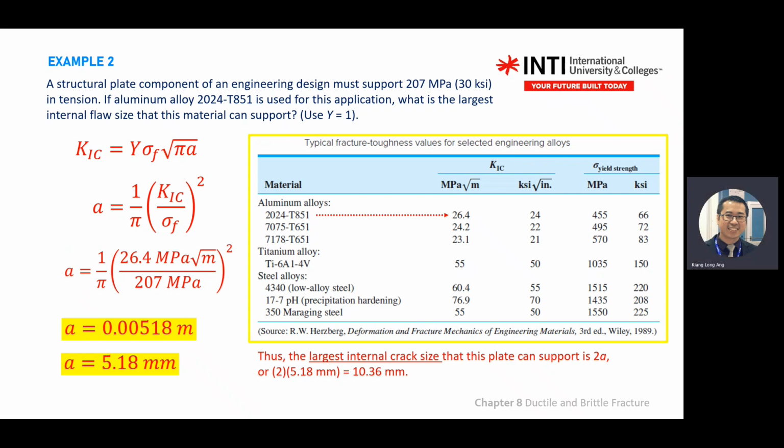So this is A, this is 2A. But for all calculation, we use A. So what does the question ask? What is the largest internal flaw size? This is internal.